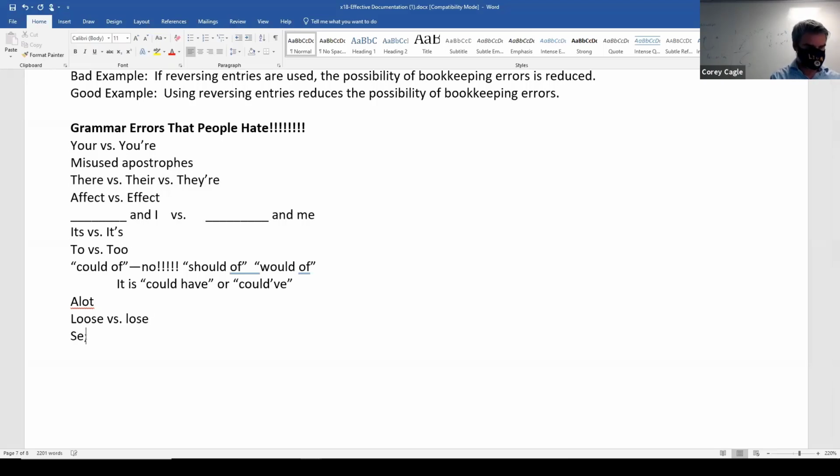That's a good one. Use those correctly. Or you could take it to the next level and add sail. Sell versus sale versus sailing. I don't think anybody struggles with that.